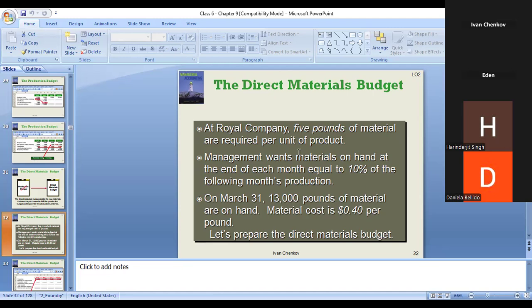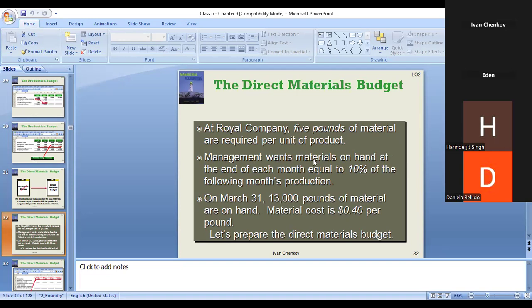So at this point, we have enough information, and now we can start working on the direct material budget to see how much direct material we need in order to achieve our production.